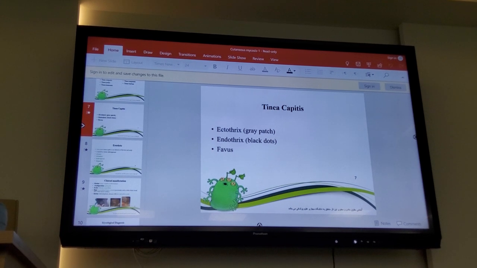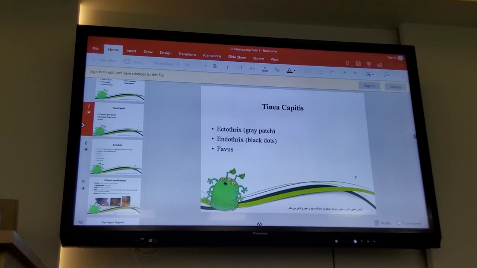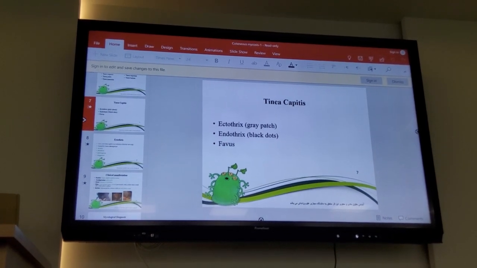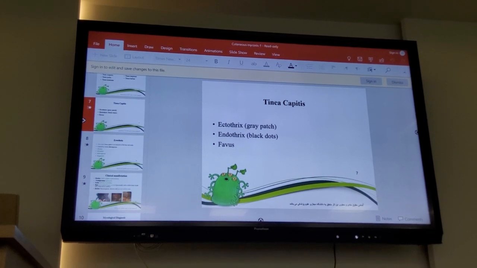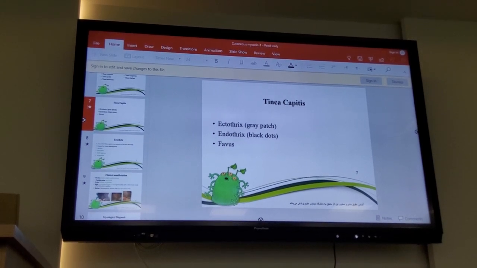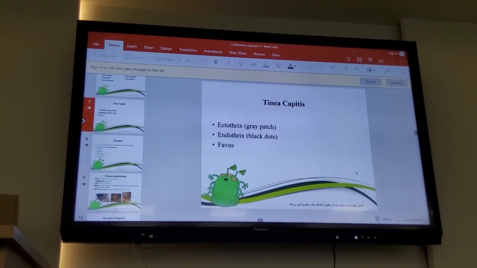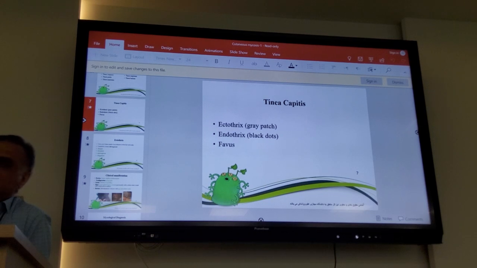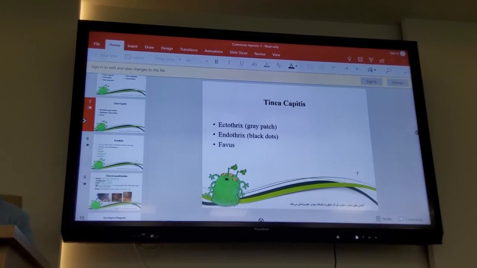Endothrix you can find in a high number in girls, and favus in both of them. Totally, you find a high number of infection in boys compared to girls.